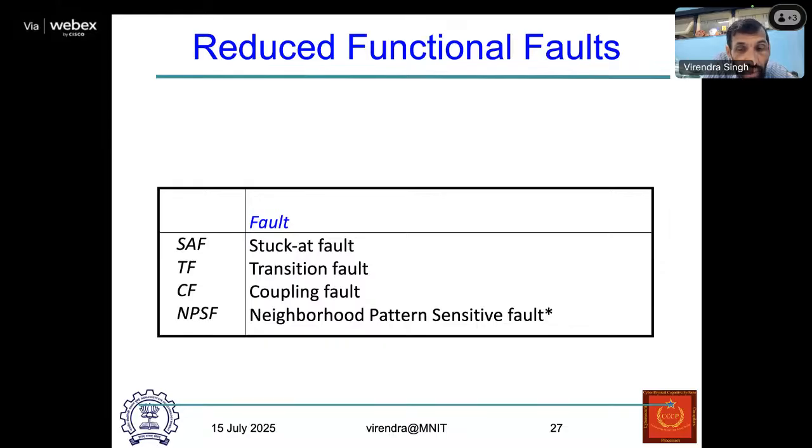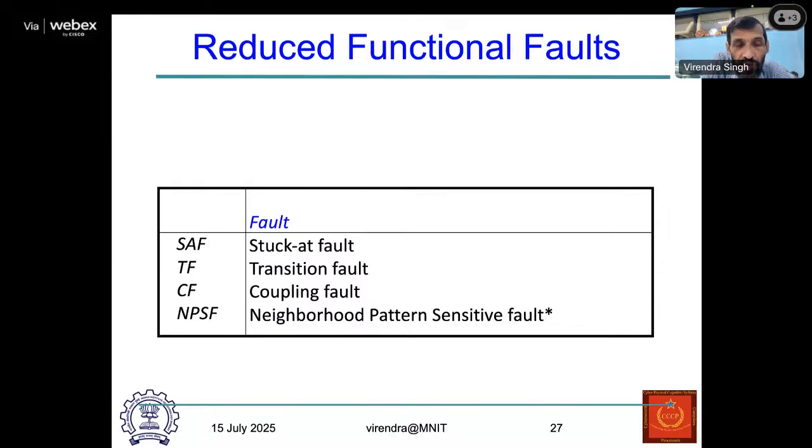That is called pattern sensitive, because this is sensitive to a pattern. Or it may be possible that if the left and right cells are 0 0 and the top and bottom cells are 1 1, in that case that kind of flipping can happen. So that is sensitivity to a pattern that you find in your near vicinity.